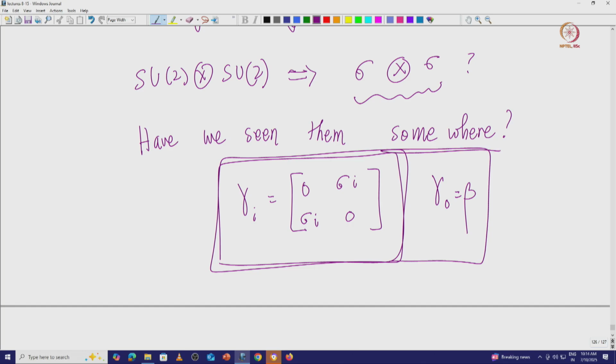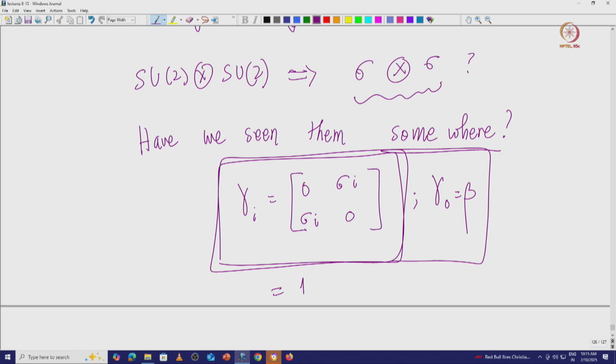So what you see is that the gamma matrices form a representation of the Lorentz group, because your sigma matrices are essentially the direct product of sigma matrices. This you can write as a direct product of, say, 1 times sigma i, where 1 is the 2 by 2 identity, times sigma i.